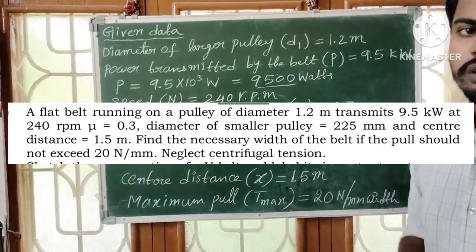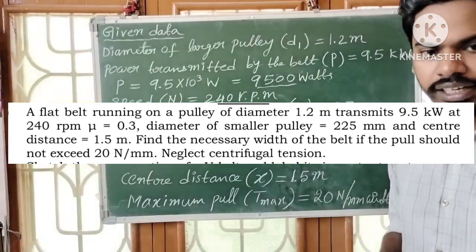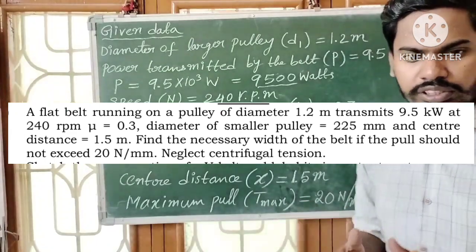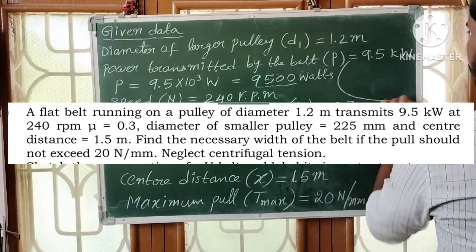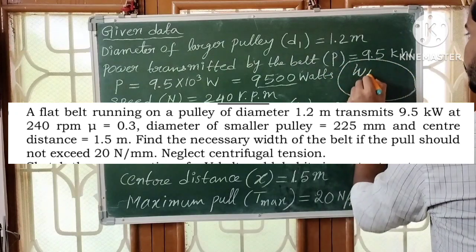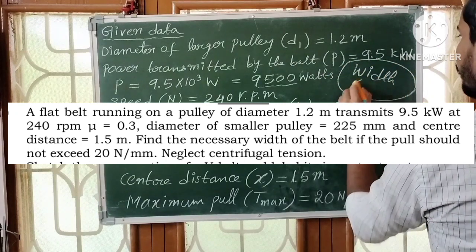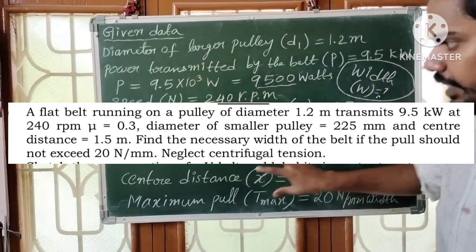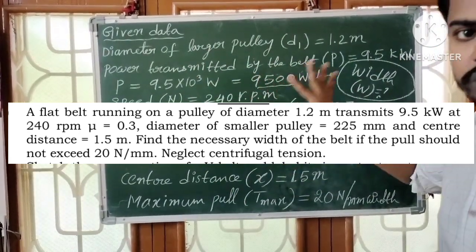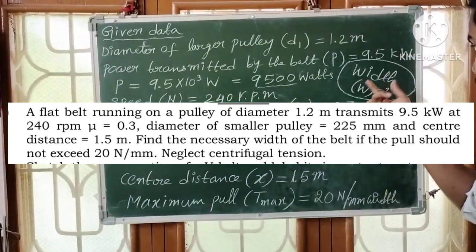At last, our objective is to find the width of the belt. We need only one parameter, that is width, small w. Using this data we have to design a flat belt and find the width of the belt.